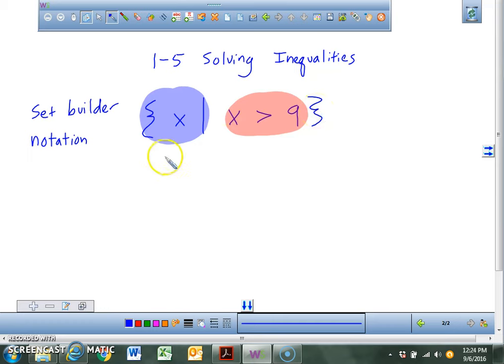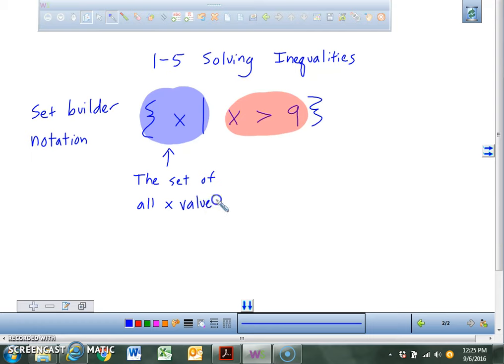Okay. However, right here, I would like you guys to write in words the set of all x values such that.